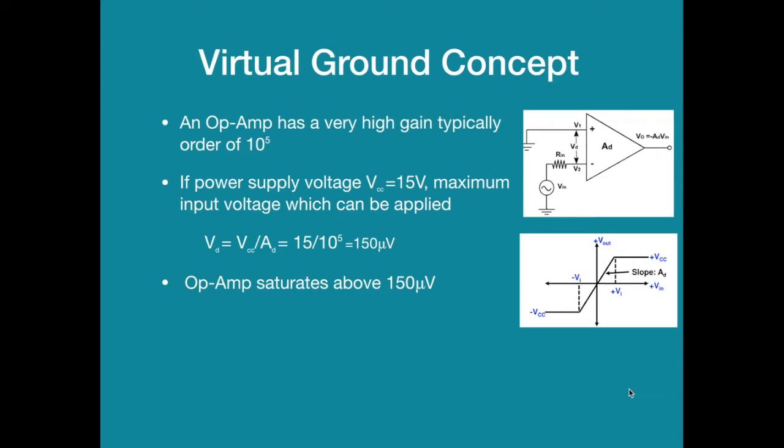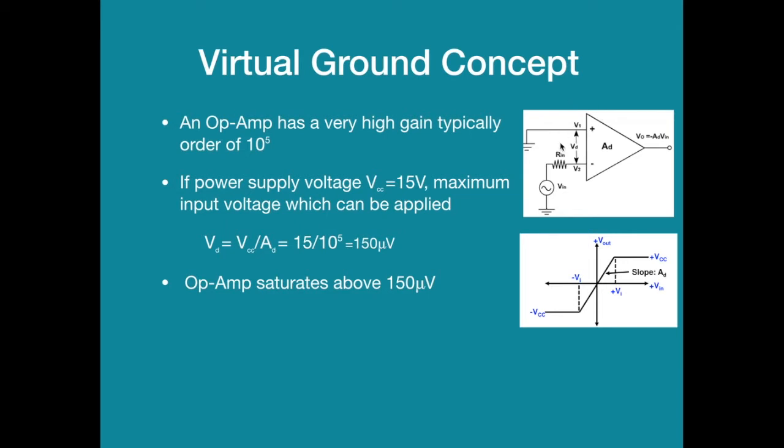And 150 microvolts is such a small voltage, right? So op-amp will go to positive or negative saturation at the output if the input voltage crosses the 150 microvolts. That is, difference voltage is almost equal to 0.